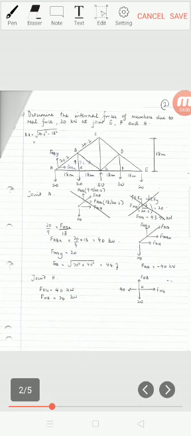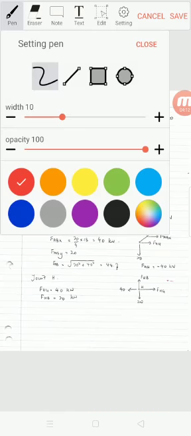In this case, we have 9 meters from B to H and 20.2 meter from A to B and from B to C. Okay, and using this triangle, we can come up with a mathematical equation here to determine the internal force.